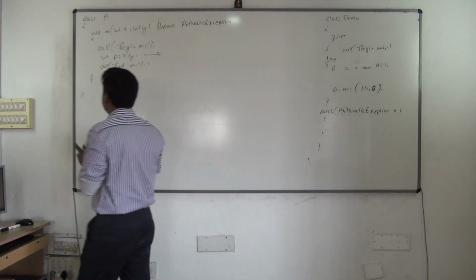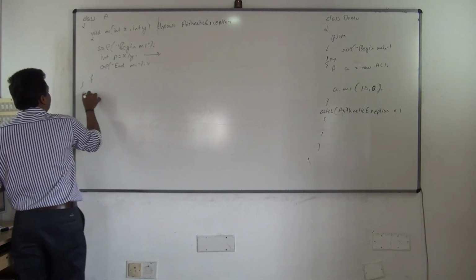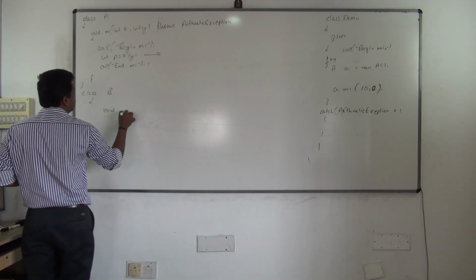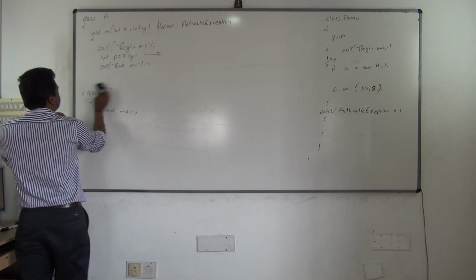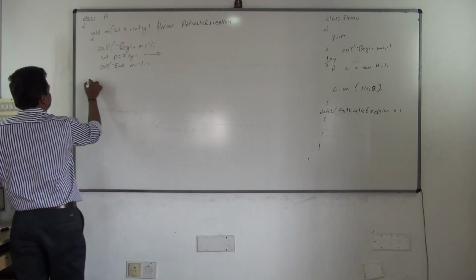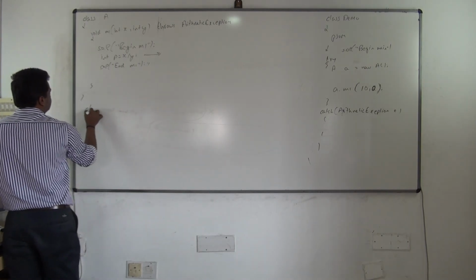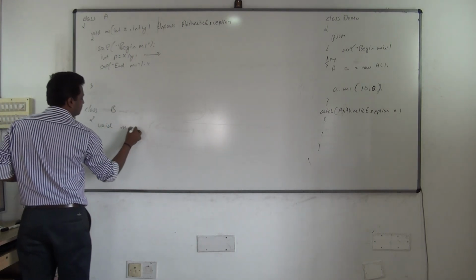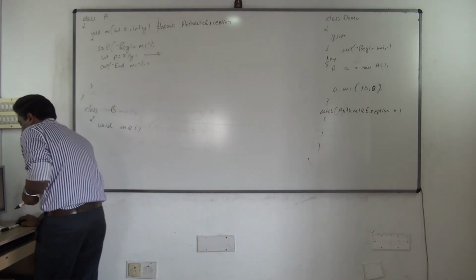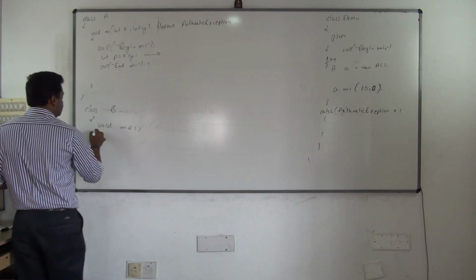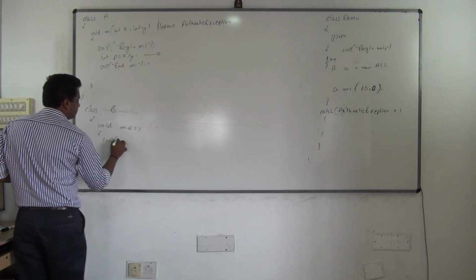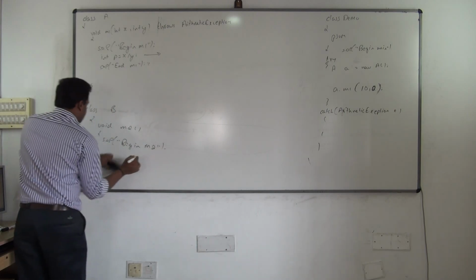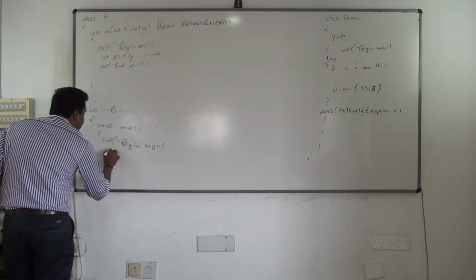I'll give one more example, so it becomes still clearer. I'll write one more class. It's another class now. So I have void M2. It's a very interesting flow. I'll create an array.